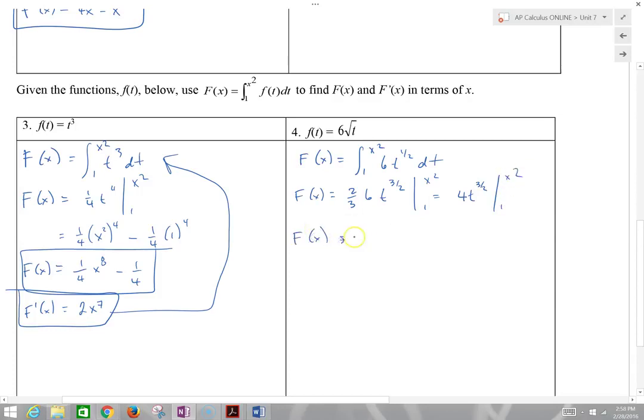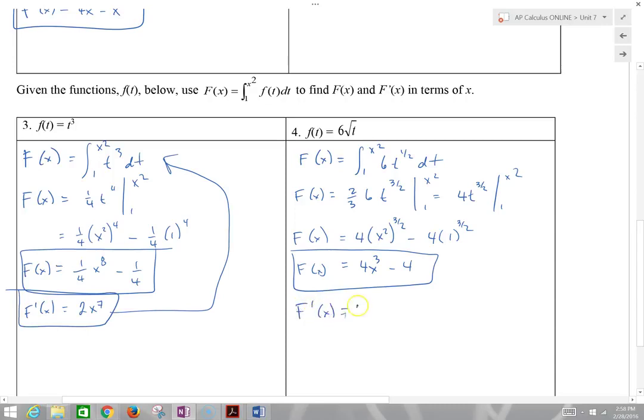So F of x is equal to 4 times x squared to the 3/2 minus 4 times 1 to the 3/2. And we have F of x is equal to 4x cubed minus 4. And then F prime of x then is equal to 12x squared. What the heck happened, Mrs. Goodrich? It doesn't look like the same pattern we had above.